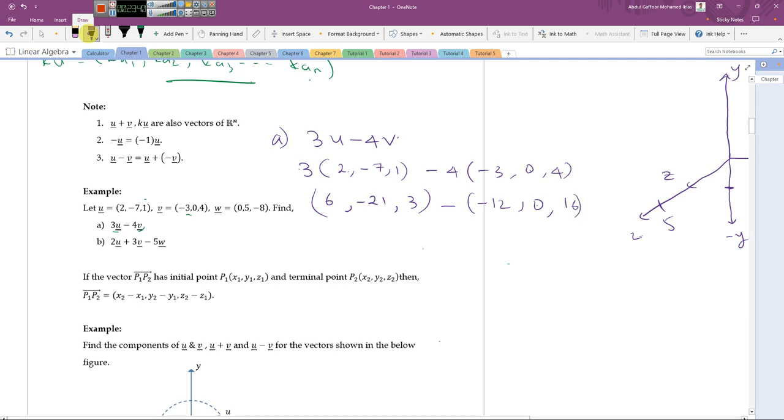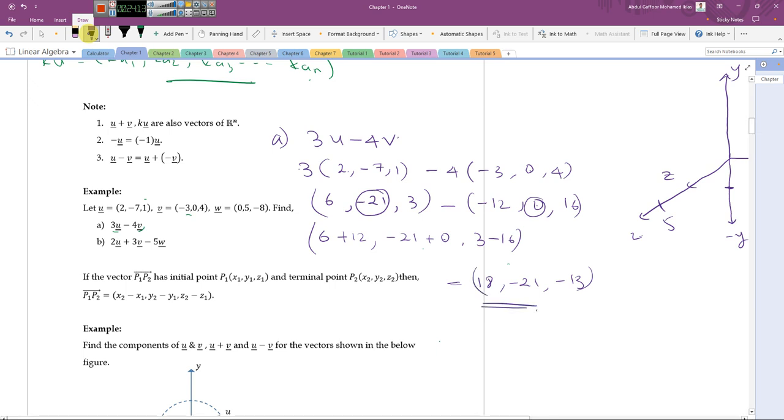Right, now this 6 should have this 12 subtracted from it, which means 6 plus 12 comma, again minus 21 minus 0, so minus 21 plus 0 comma 3 minus 16. So the answer would be 18 comma minus 21 comma minus 30, right?